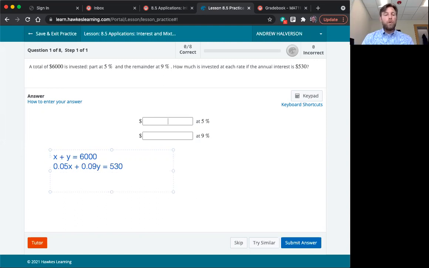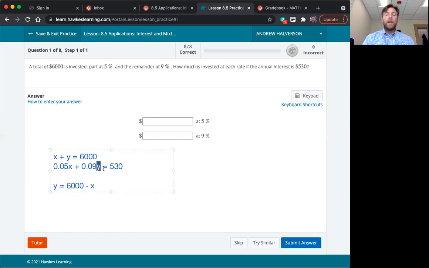So we're going to take the top equation, X plus Y equals 6,000, and rewrite it as Y equals 6,000 minus X. Subtract the X from both sides. So Y is also known as 6,000 minus X. Why does it help us?